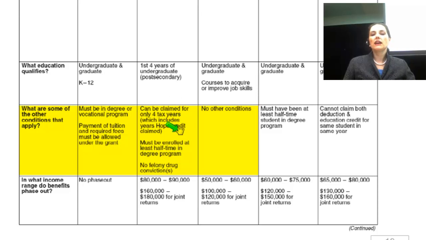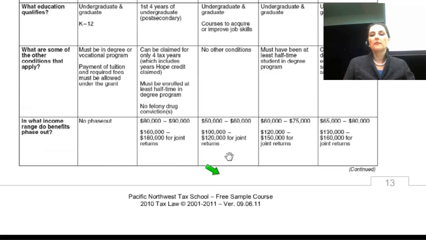You must be enrolled at least half-time in a degree program, and you cannot have a felony drug conviction. For the Lifetime Learning Credit, those restrictions do not apply. What are the phase-out ranges? Well, we've said several times already, 80 to 90 or 160 to 180 for the American Opportunity Credit, 50 to 60 for the Lifetime Learning Credit, and joint filers are 100 to 120.